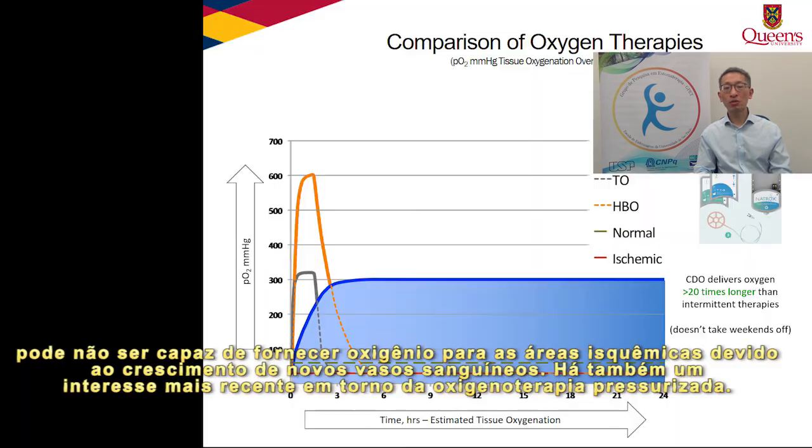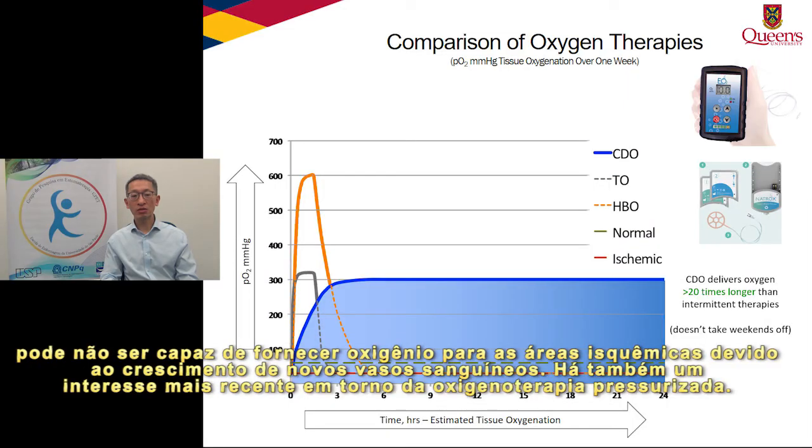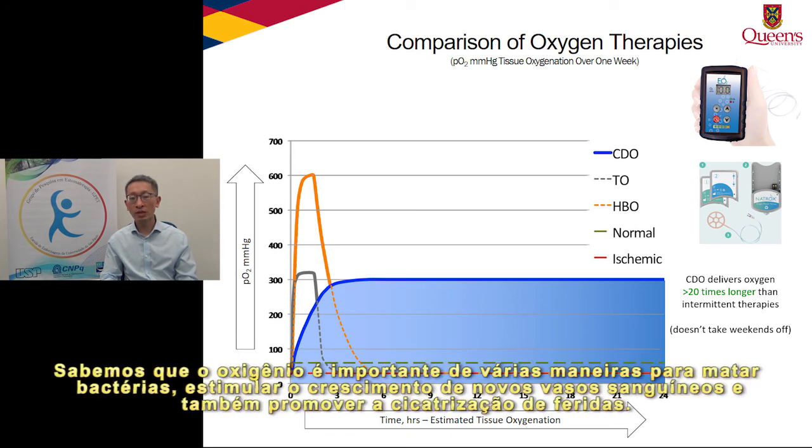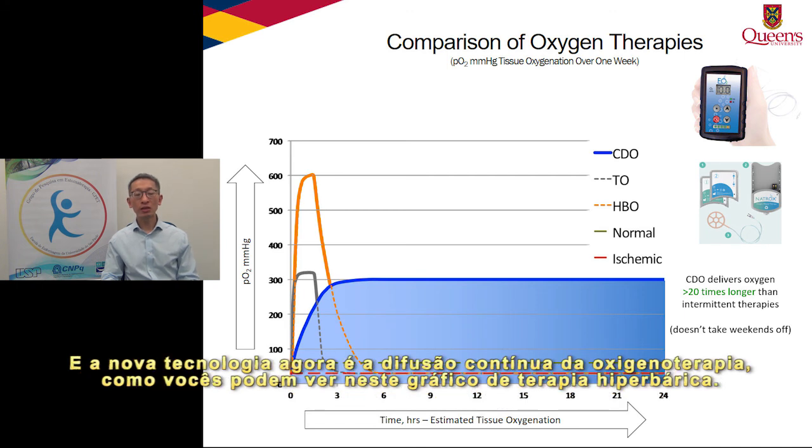There's also some newer interest around topical oxygen therapy, pressurized oxygen therapy. We know oxygen is important in many ways: to kill bacteria, to stimulate new blood vessel growth, and also to promote wound healing. And the new technology now is continuous diffusion of oxygen therapy.